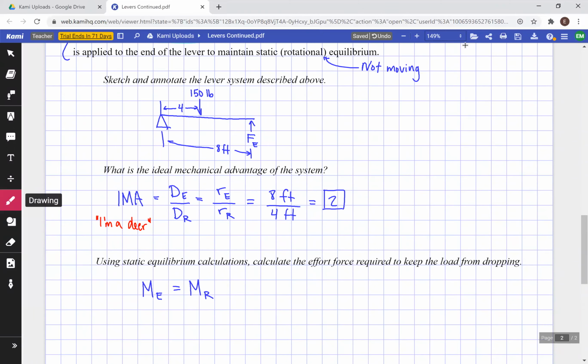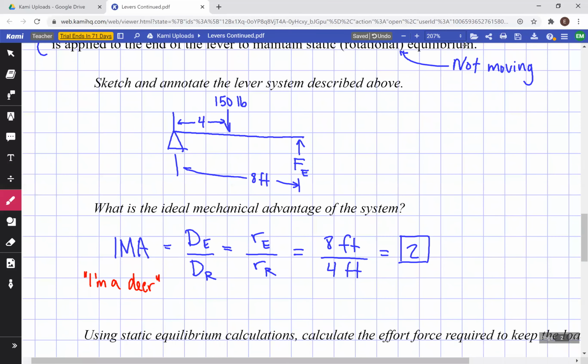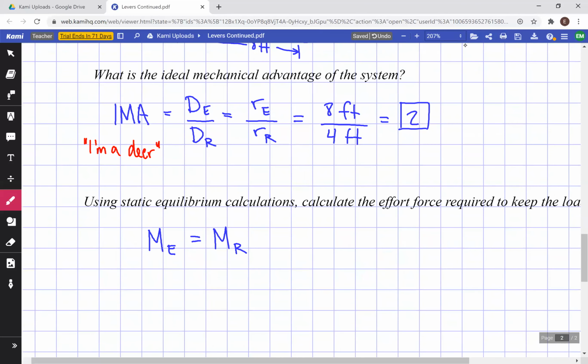Because if we look at what those are doing in our graph, the effort force is going to cause the system to rotate counterclockwise, right? And the load would cause the system to rotate clockwise. Okay, and we want those to be equal to each other in order for the system to stay balanced, stay in equilibrium.